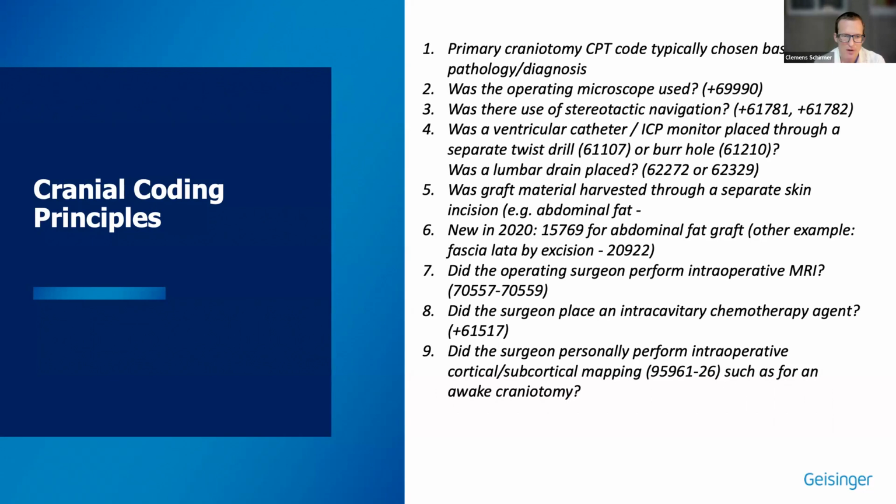So in other words, there's a different code for a meningioma versus an intraaxial tumor, and we also distinguish between a supratentorial and infratentorial approach. So typically there's some sort of 2x2 or 2x3 distinction between the approach, oftentimes between supra- and infratentorial, as well as the primary diagnosis or the complexity of the particular base operation.